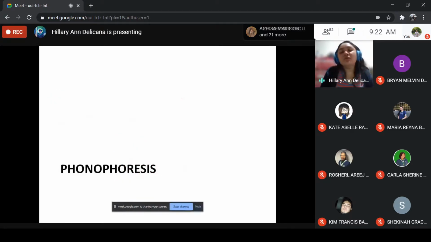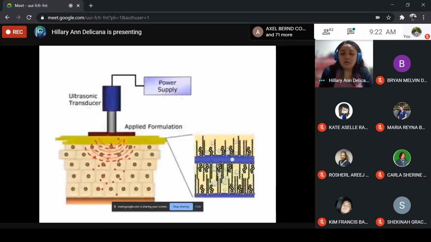Alright, so let's go to your phonophoresis. So this one is one slide only. So basically, your phonophoresis is the use of ultrasound to drive medication towards the tissues. Because it has acoustic energy, it would push the medication towards the tissues.